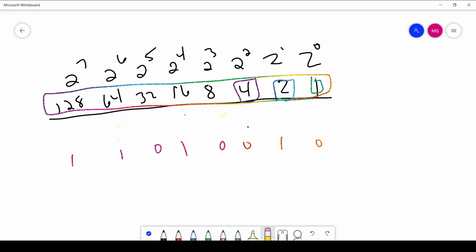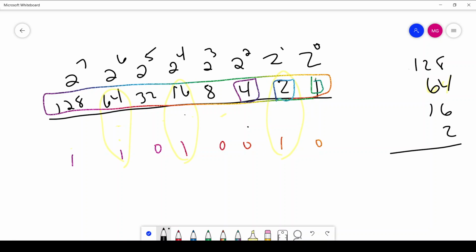All right, so in this case, we have a 1 in the 128s column. We have a 1 here in the 64 column. And I've got to remember to switch my pens. We have a 1 in the 16s. So we'll put a 16 over here. And we have a 1 in the 2 column.